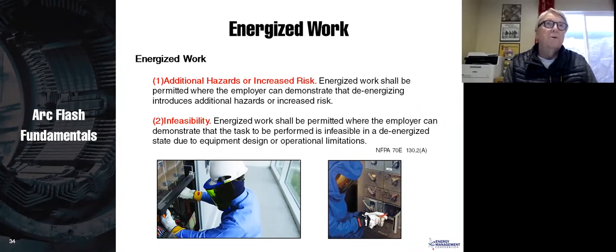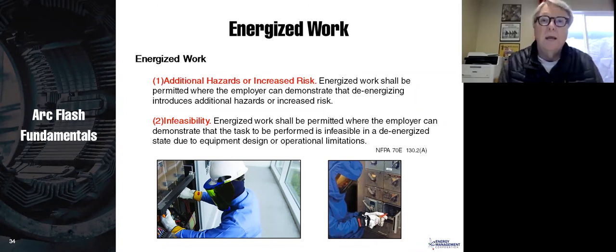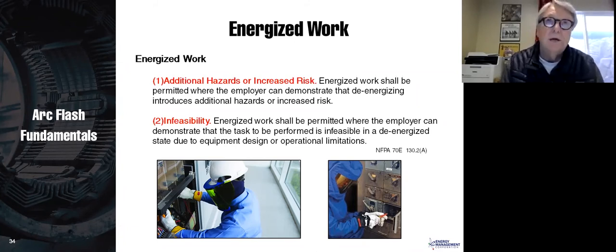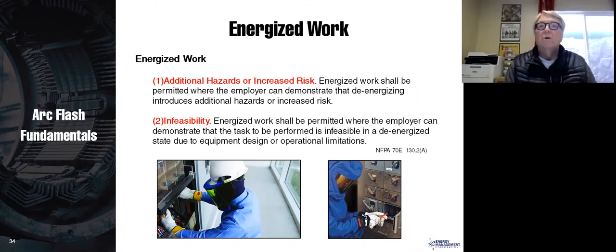You go in there and you say, hey, I need to take an outage for an hour because I need to maintain some electrical equipment. Well, that puts people in danger. Second is infeasibility. Clearly, if you're going to start up a variable frequency drive, you're going to do troubleshooting. A lot of times you have to have it energized in order to do your troubleshooting or your startup. And in that case, OSHA allows you to work energized.